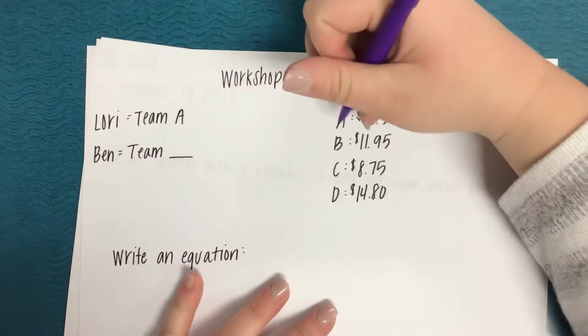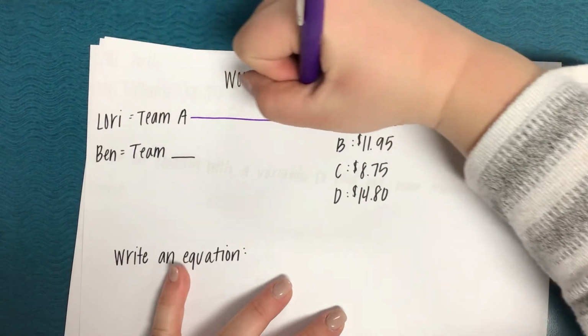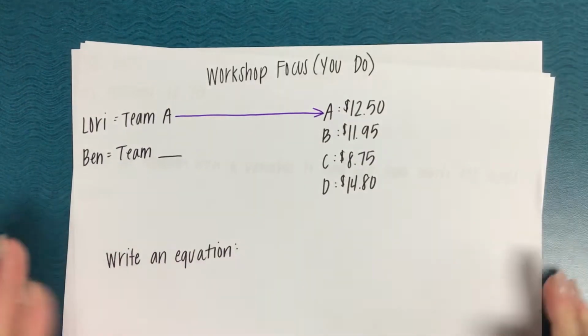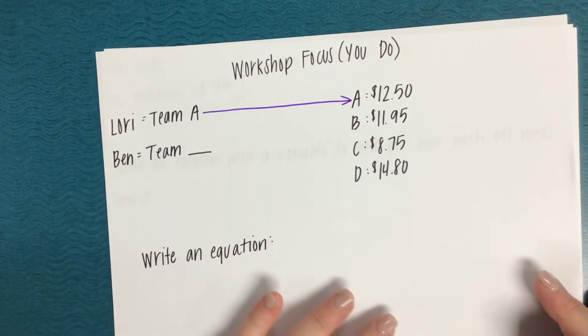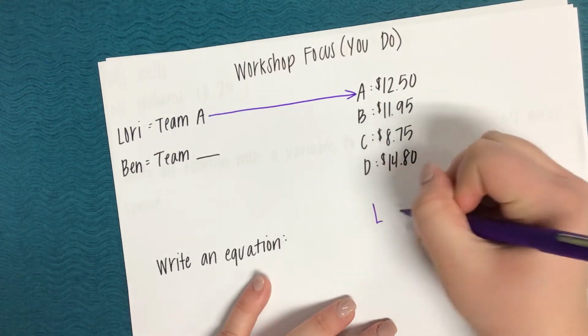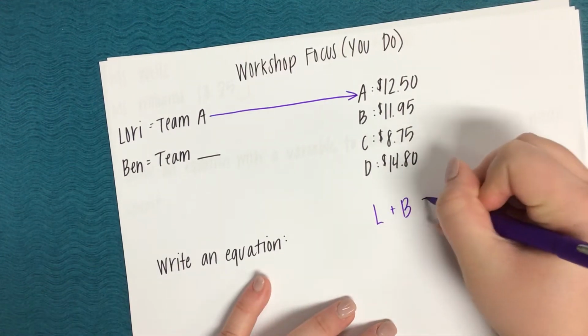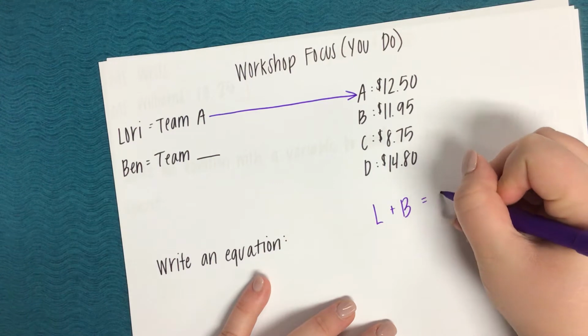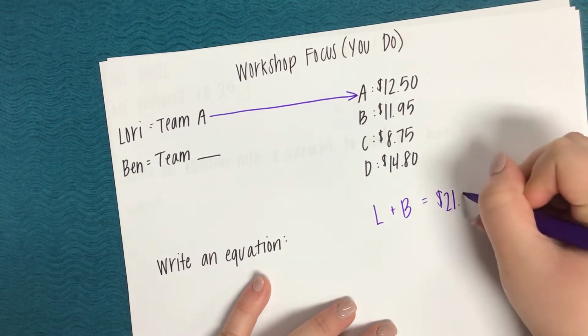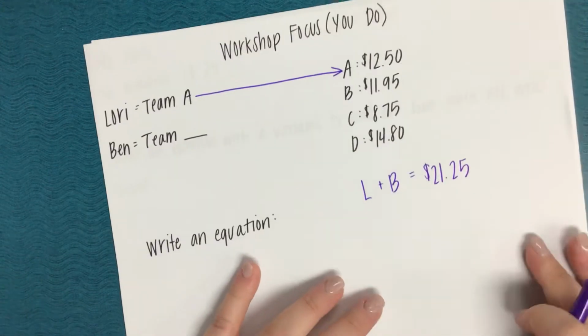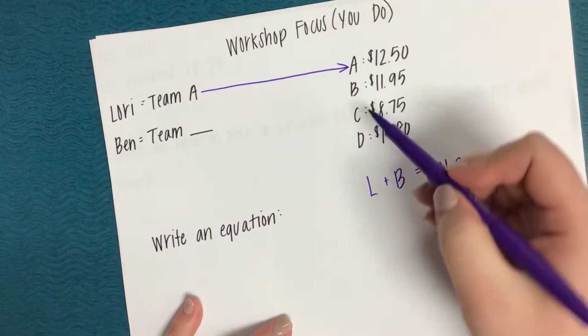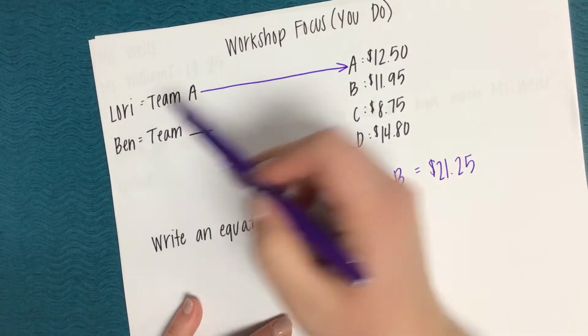Okay, so Lori plays for team A. So we know that Lori's jersey costs $12.50, and Lori plus Ben's jersey equals $21.25. Okay, we can plug in for L, because L is representing Lori.